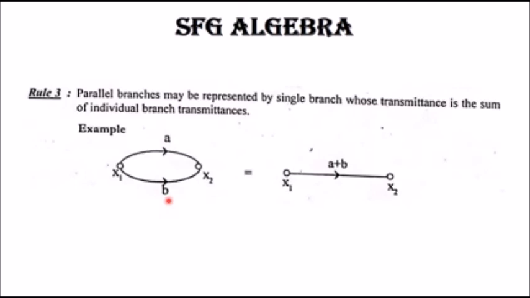I told you in the block diagram reduction technique, the parallel blocks are added together. Similarly, these a and b transmittances are added together, so it gives an equivalent transmittance of a plus b.